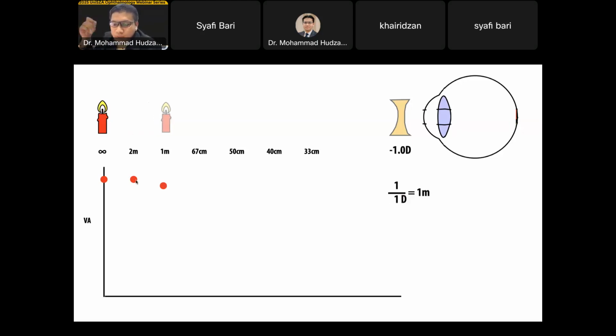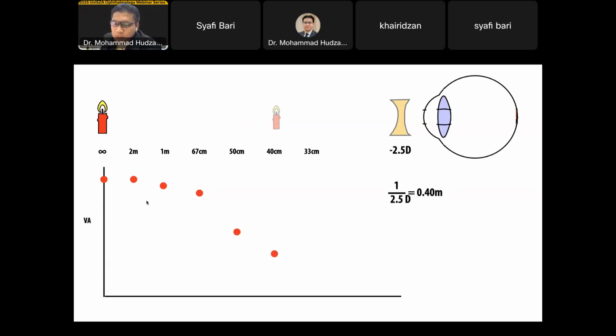And then we put in a minus 1 lens. So we are as if bringing the target to 1 meter now, and the image is smaller. We assess the vision again. And progressively, we increase the minus power.